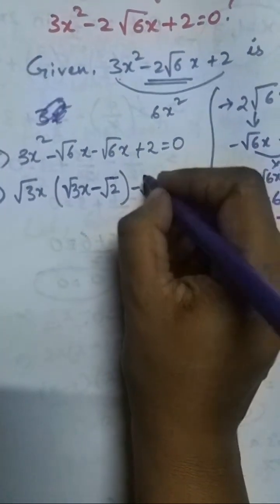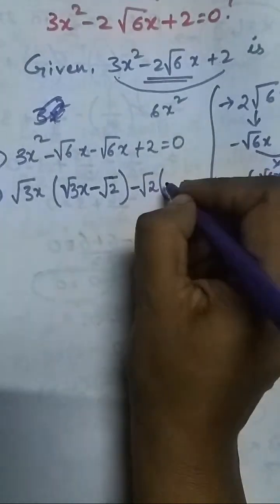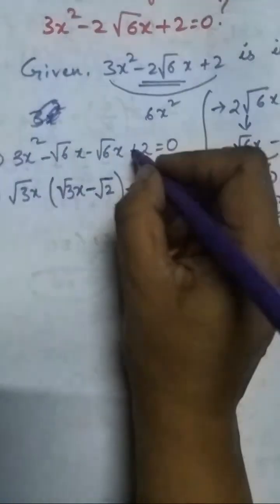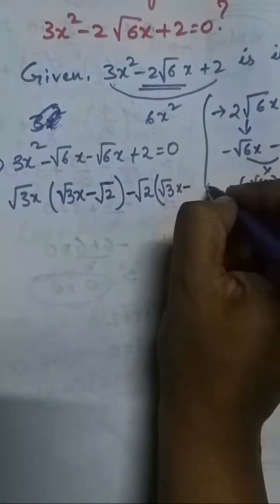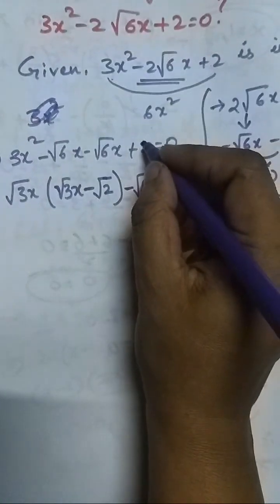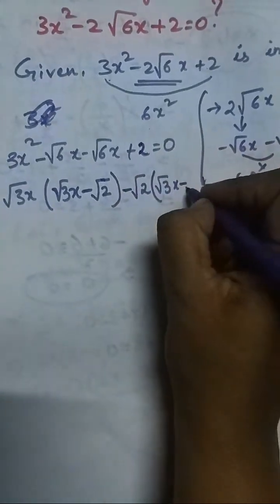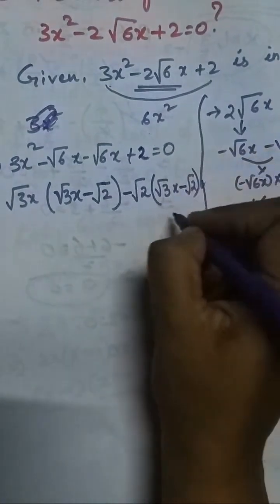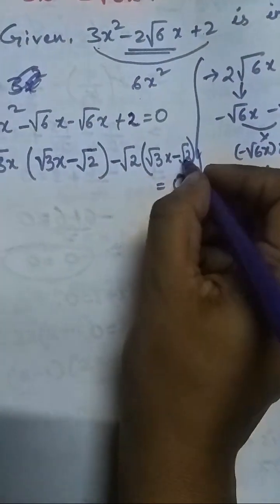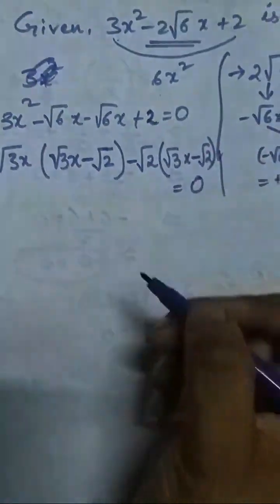Here I am taking root 2 common, root 3x minus root 2, minus into minus is plus. What will you write here? We have to multiply 2 with root 2, so root 2 into root 2 we will get 2, equal to 0.